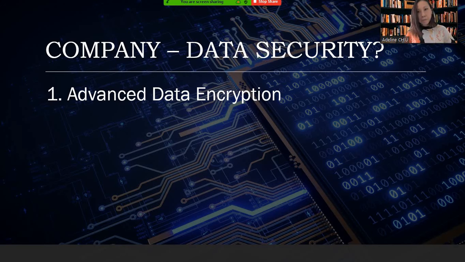The first one is an advanced data encryption system. You might say that's very technological and geeky stuff. Bear with me, I'm going to explain it in a very simple manner. Think that you have a very valuable item, for example, a valuable diamond ring, and one day a thief chooses to enter your home. Would you want the diamond ring to be in front of your house, or would you keep it in a safe, locked in another safe in a very secure place?